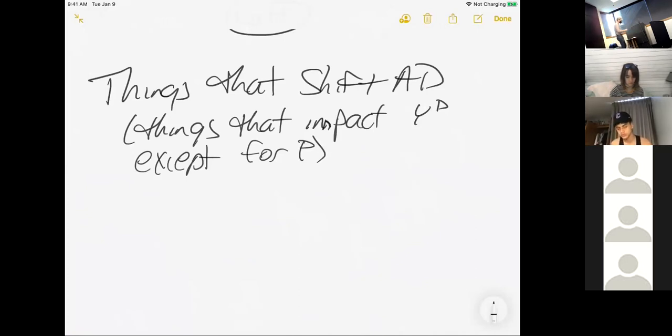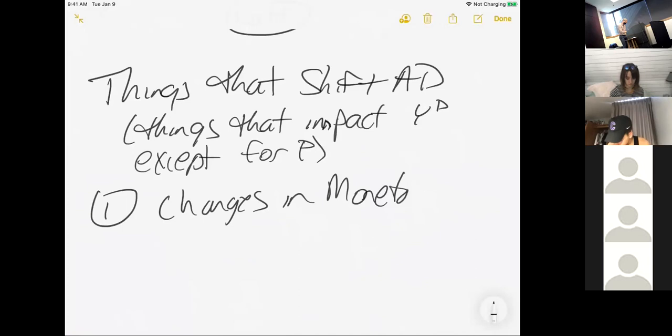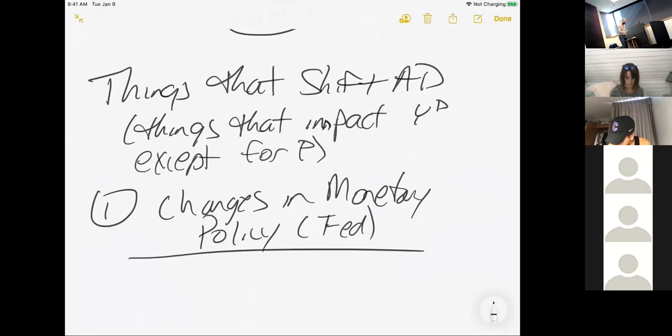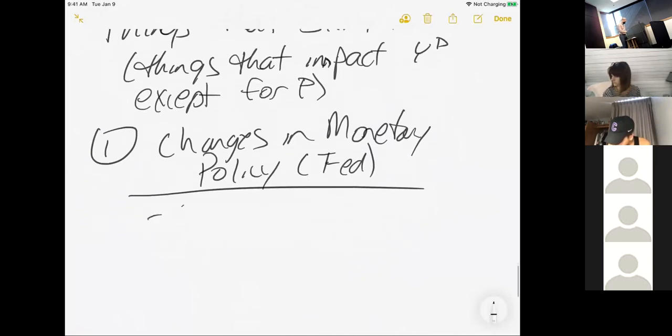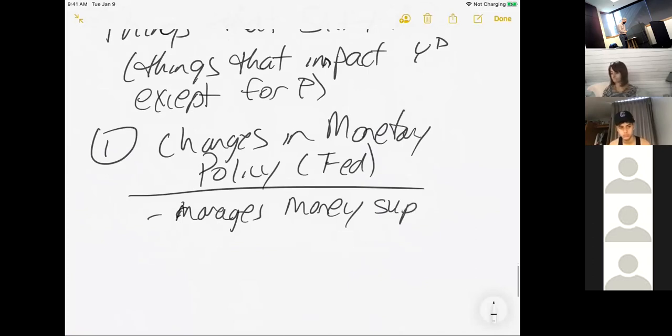So yes, that is one of them. The Fed manages money supply and interest rates and can use this to influence the demand for goods and services.